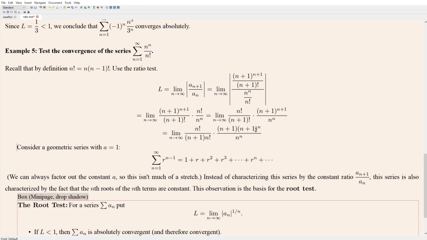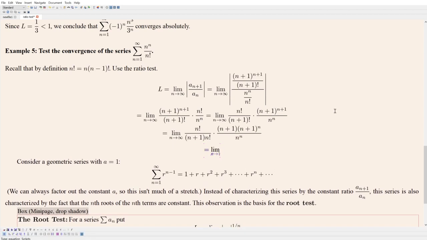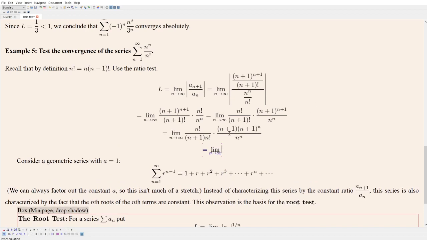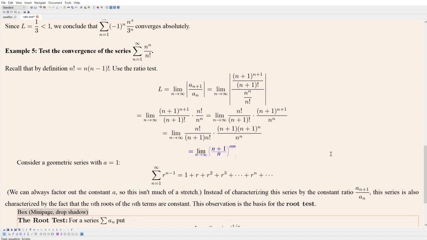And the reason I did that is because now I have a power of n here, a power of n here, which means I can take this whole thing and raise it to a power of n. Oh, and even better, I've got an n plus 1 here and n plus 1 here. Those guys are going to cancel. So n factorials cancel, n plus 1s cancel. So all that we have left is (n plus 1 over n) to the power n.